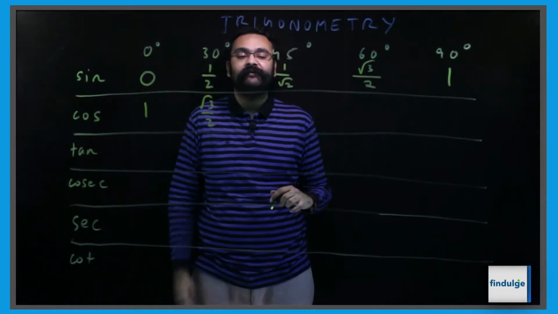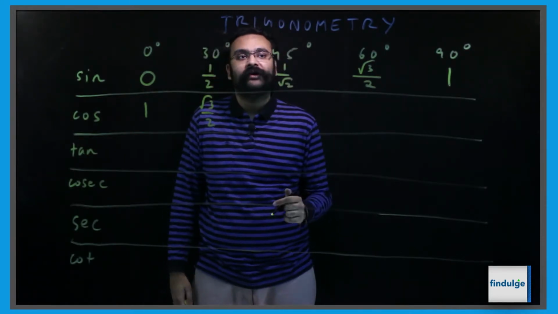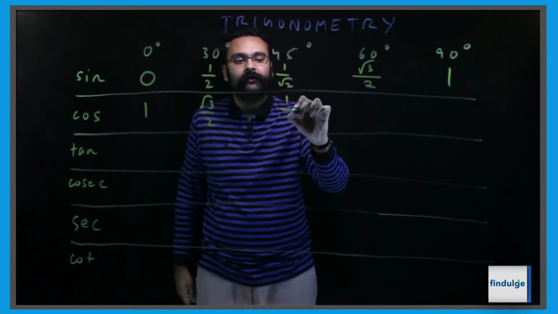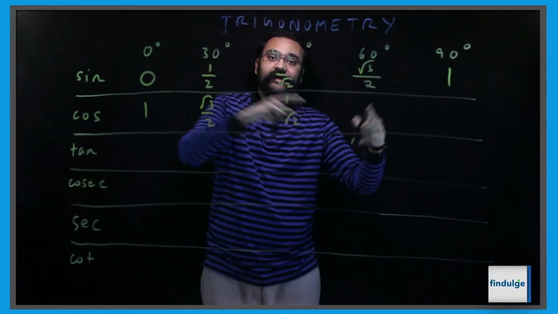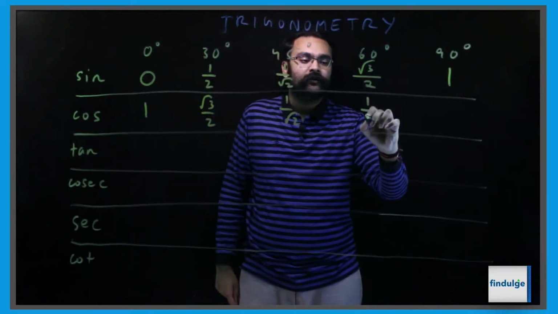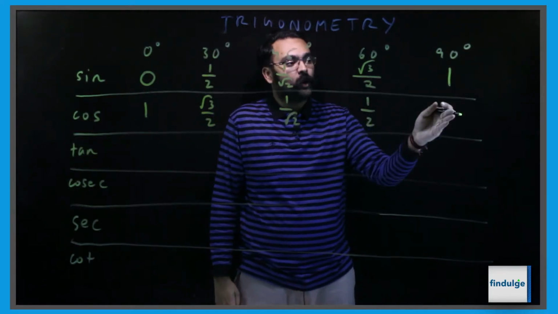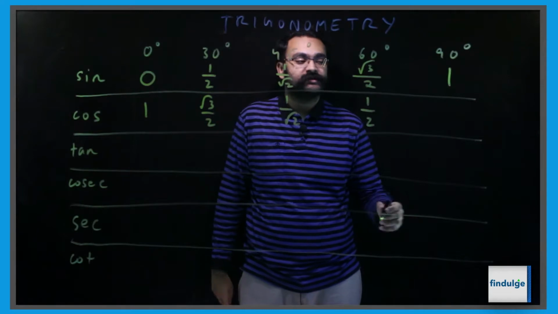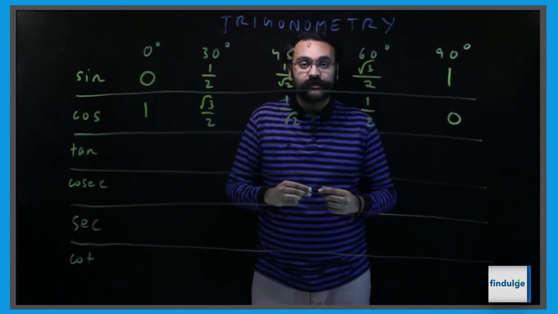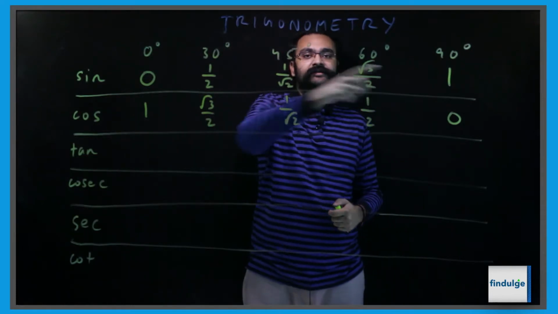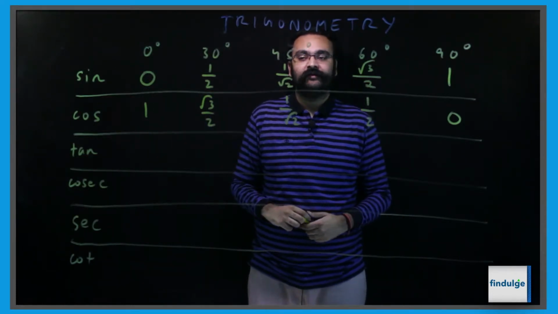Cos 45 is in fact the same as sin 45 because it's right in the middle, 1 by root 2. Cos 60 is the same as sin 30, 1 by 2. And cos 90 is the same as sin 0, which is 0. So cos is reverse of sine.